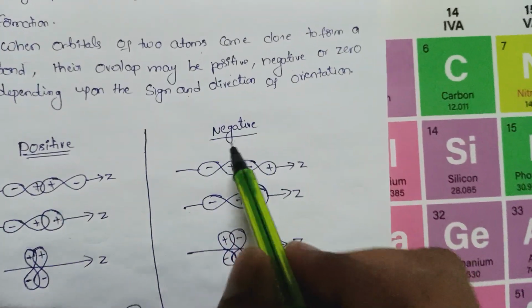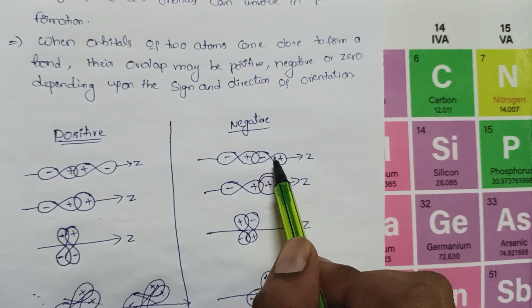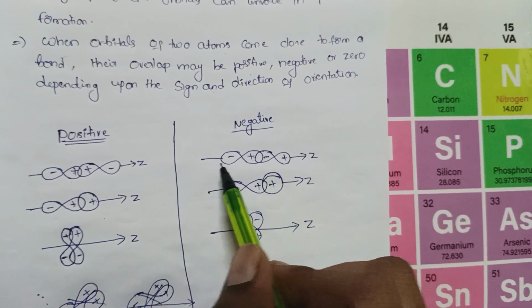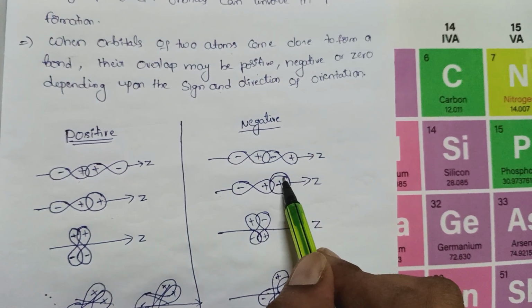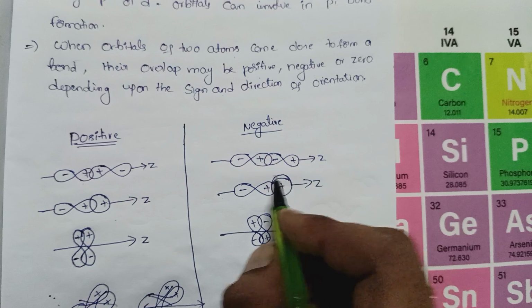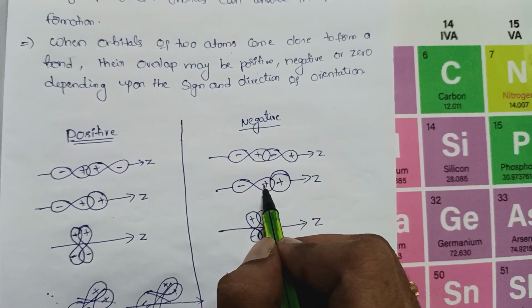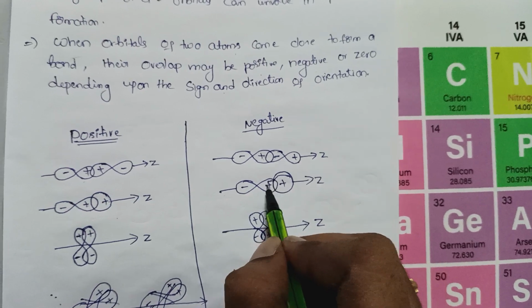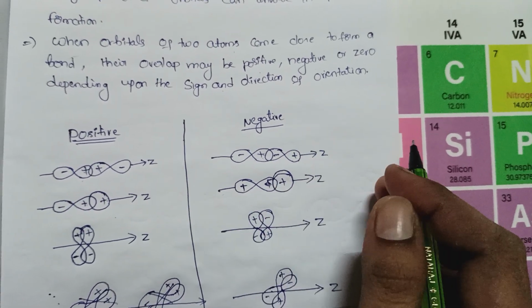If we come to negative overlap, this orbital has a positive sign and this other orbital has a negative sign, and it is a negative overlap. Here the s orbital always has positive sign and the p orbital is negative on this lobe and positive on the other. Positive and negative, it is a negative overlap.